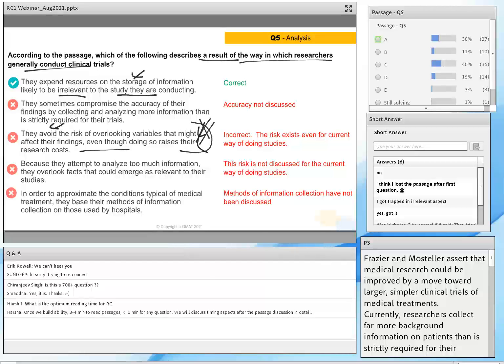The context of this information is also incorrect. Firstly, it is not mentioned as an effect. That's the context change. Another change is that this is not what the passage is saying. The passage is not saying that if you collect too much data, you are going to avoid overlooking variables. That's never going to happen. So in both respects, this answer choice is wrong.